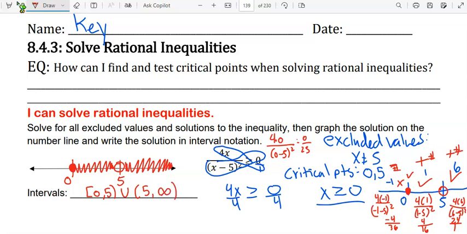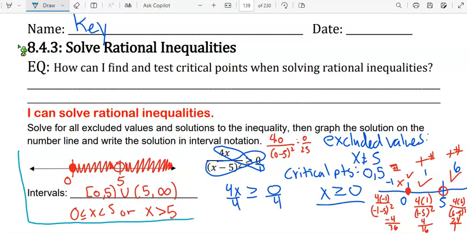If you want to write it as an inequality, you'd have 0 is less than or equal to x is less than 5, or x is greater than 5. Try the other examples on your own.